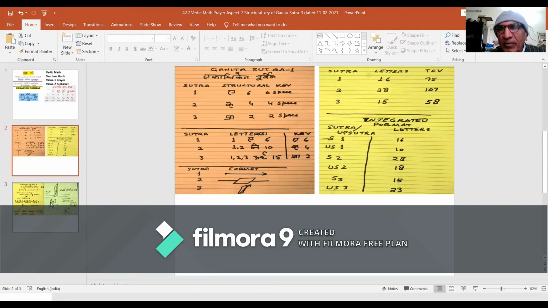The mathematical domain of Ganita Sutra 3, in terms of the first three letters of value 15, takes us to value 5, as TCB punch is 15.